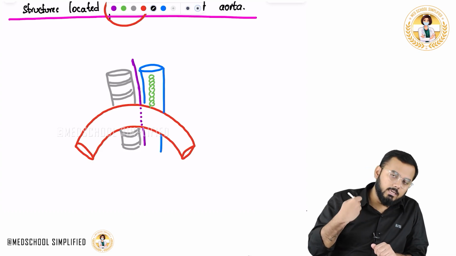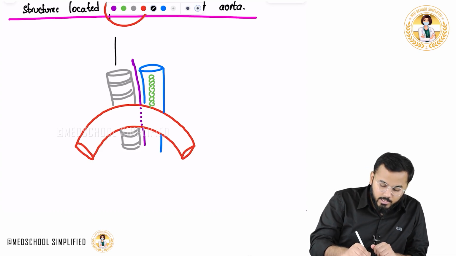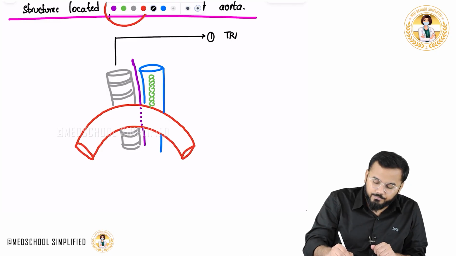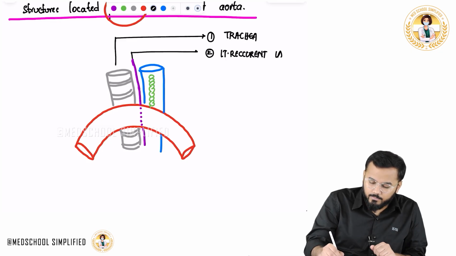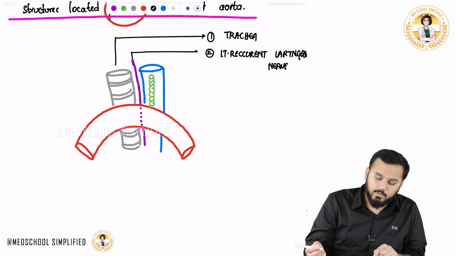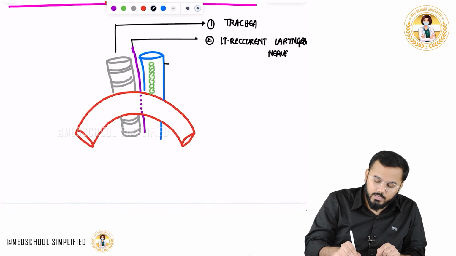So what are the structures that are located posterior? So here you have got the first structure, that is your trachea. Okay, next here you have got the second structure, and this is called your left recurrent laryngeal nerve. And this structure over here is called your esophagus.